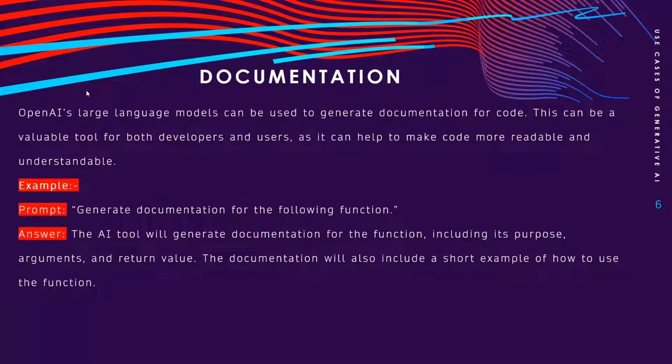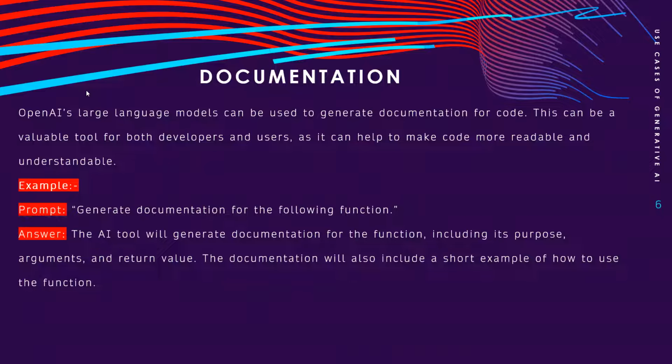This documentation will also include a short example of how to use the function. As we can see, this can be a valuable tool for both developers and users, and it helps to make the code more readable and understandable. So this is all about the documentation use case.